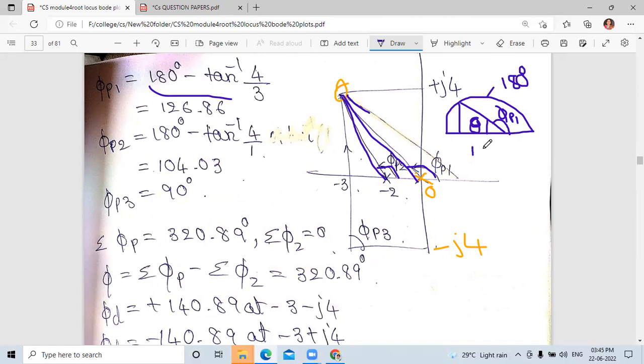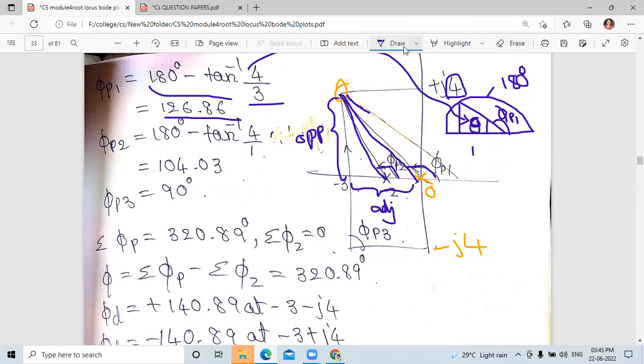So this is 180 minus theta. The theta can be written as what? Tan inverse of the opposite value. Opposite means this value, and the opposite value is 4. And the adjacent value, this is the adjacent value, is 3, from here to here. So the value we get is 126.86.